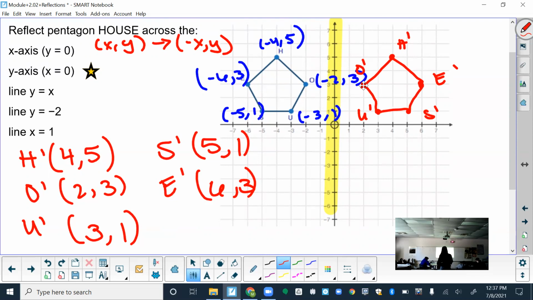All right, so that's our reflection over the y-axis. So you might have a coordinate plane on your quiz, you might not. It might just ask you, given this picture, what's U prime going to be, and then you only have to find one of them. All right, so that's why we have this rule here, so it makes it easy. Good.